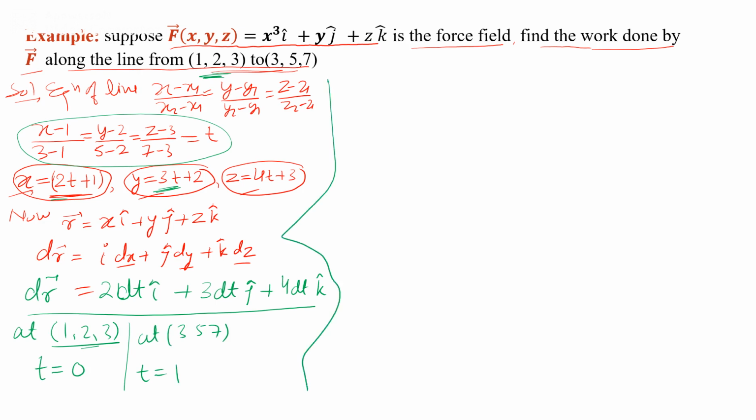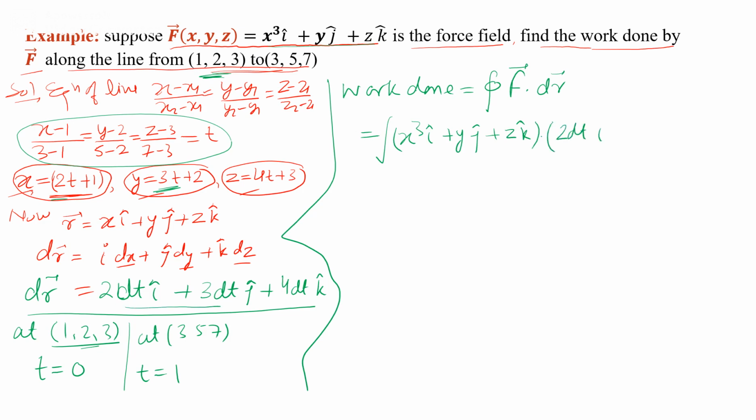Now we have to evaluate the work done. So work done is the integral of f, that is the force field, dot dr. Now f is x cube i plus y j plus z k, this is the force field, dot dr, which is 2 dt i plus 3 dt j plus 4 dt k.